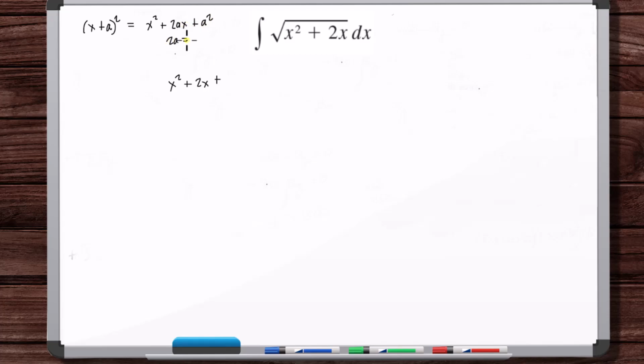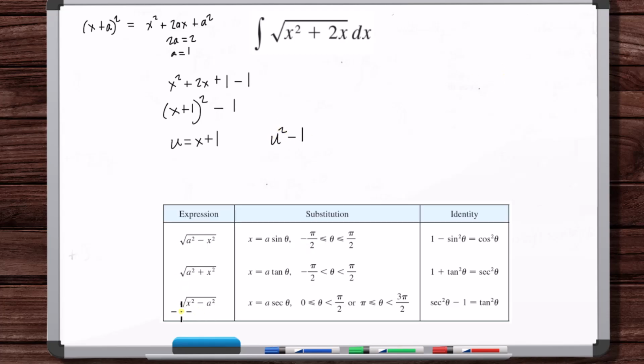So in this case, 2a is equal to 2, a is equal to 1. We haven't changed the expression, and so what we've got is x plus 1 squared minus 1. Now if we say that u is equal to x plus 1, then we've got u squared minus 1, which is this form here.